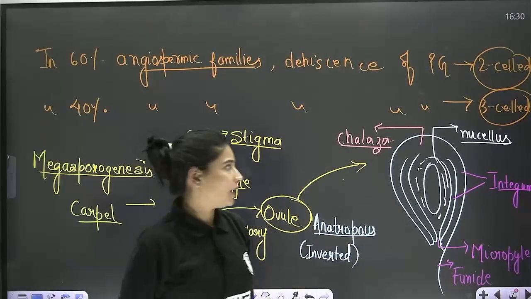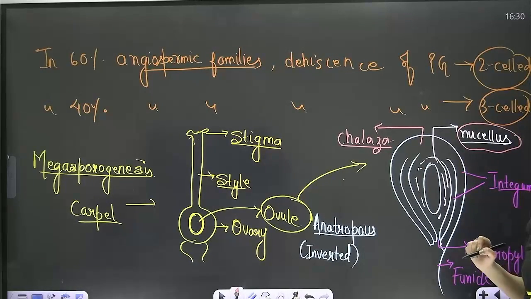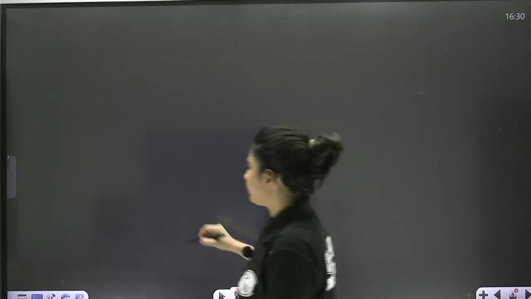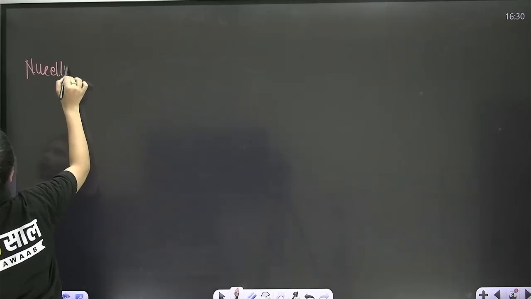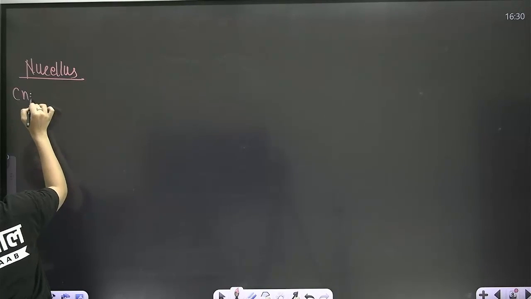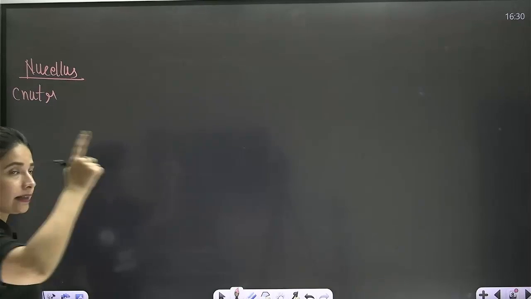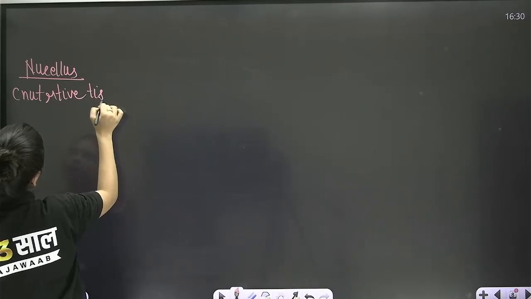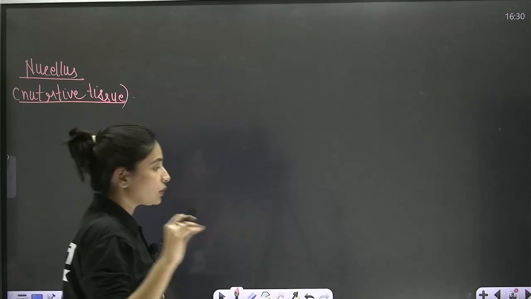Okay. Now, beta, what happens? This nucellus is important for the development of female gametophyte. Nucellus is the nutritive tissue; like there the nutritive tissue was tapetum, here it is nucellus. Now see beta, what will happen?